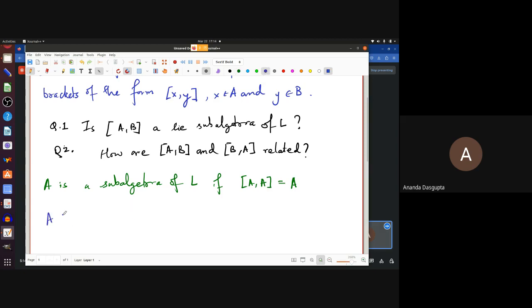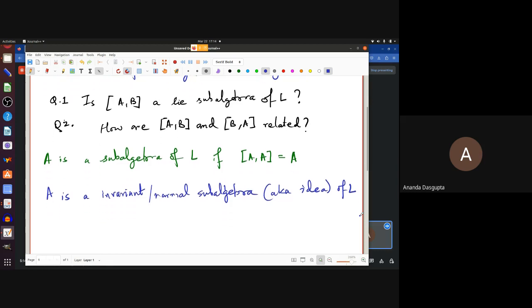Okay. So we had this notion of a subalgebra, which we have rewritten now in terms of this bracket. We also had a notion of an invariant or normal subalgebra, also very often called an ideal of the Lie algebra L. So ideal, invariant subalgebra, normal subalgebra all mean the same thing.